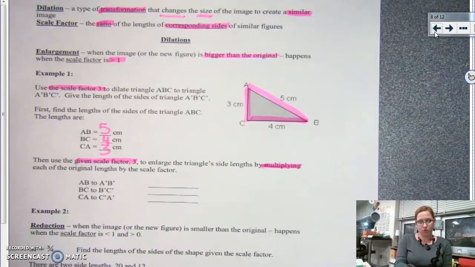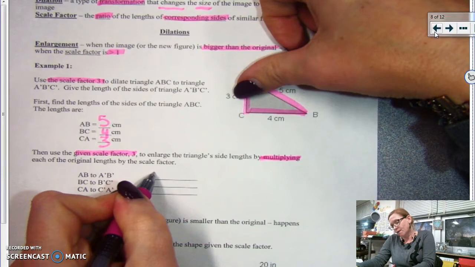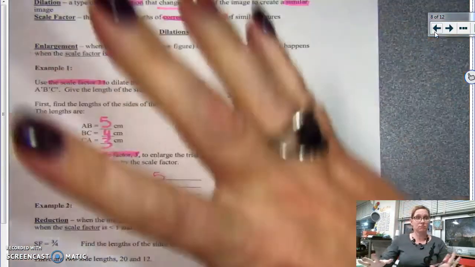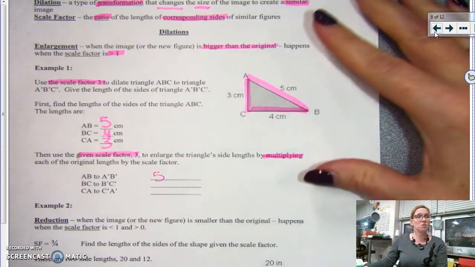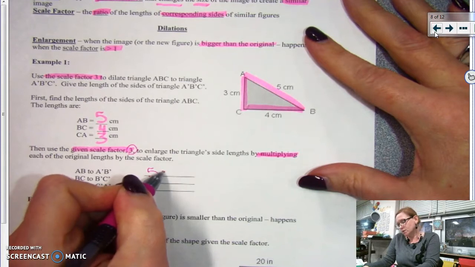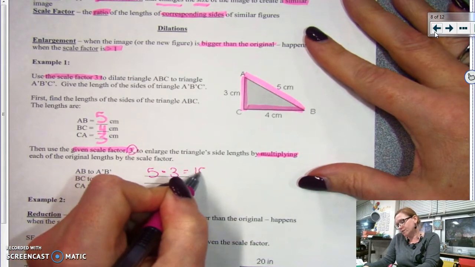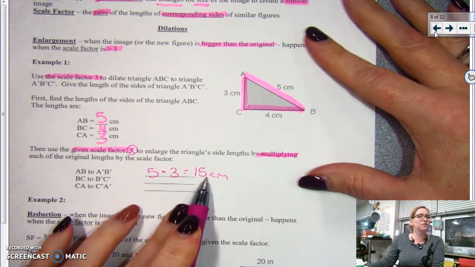So I'm going to switch over to a pen instead. And so if my original side length was 5, feel free to pause here if you want to try this on your own. Otherwise, if you have the answers, keep going. So 5 times the scale factor of 3, so times 3, would equal 15 centimeters. So A prime to B prime would increase to 15.